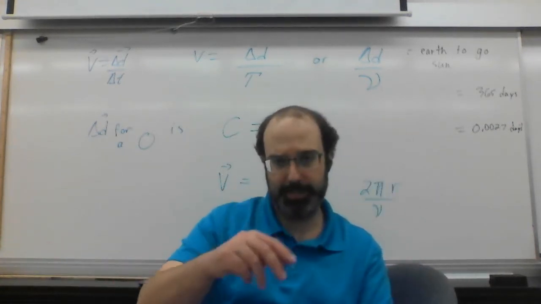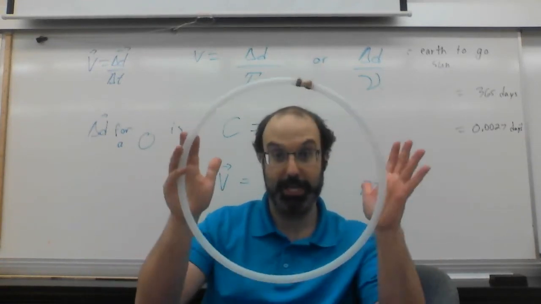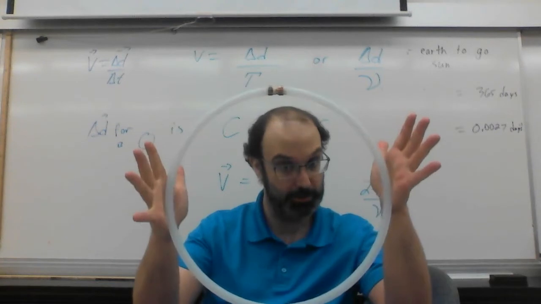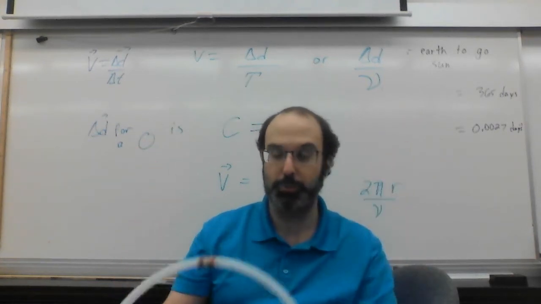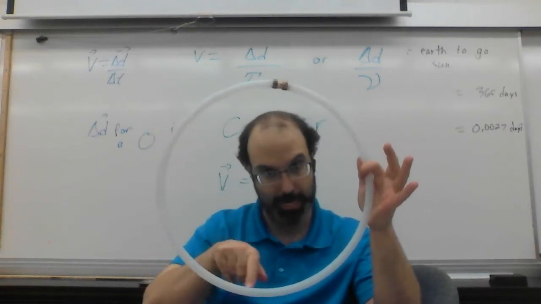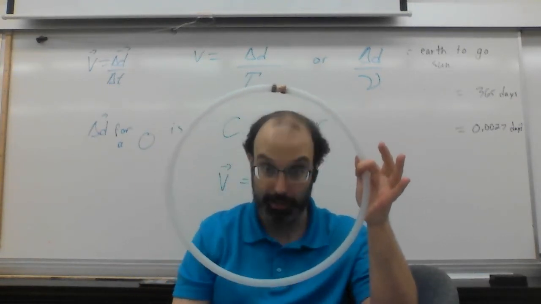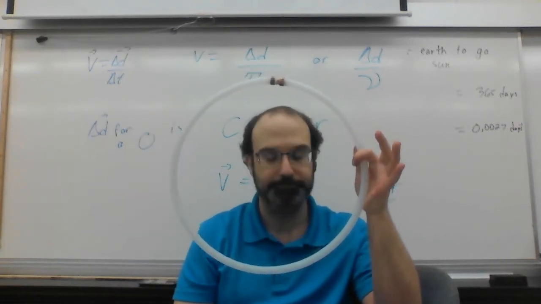So here's the big thing that's different. It's a circle, which means that the object that is going in a circle will move in a circle. So an object that I spin in a circle will move in a circular manner. So it will go here and it will go around, following the circumference of that circle.